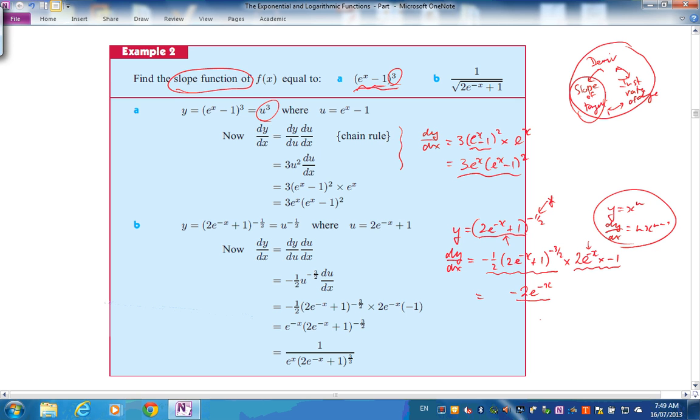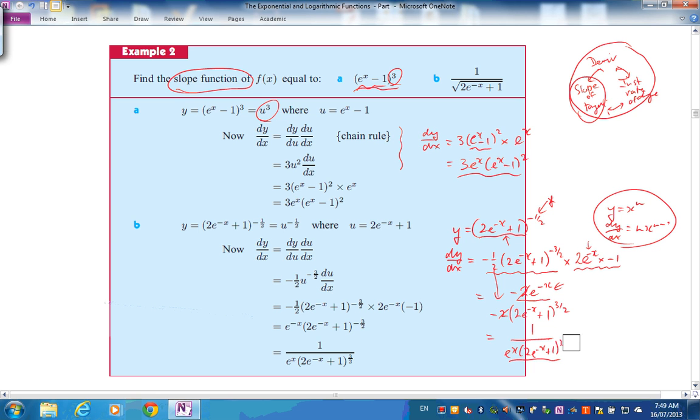probably. Well, we could go into it, I suppose, and put here 2e to the neg x plus 1 to the 3 over 2, and we've got this half down there as well, so that's neg 2, so we could then cancel that, and have 1 over e to the x, 2e to the neg x plus 1, 3 over 2, putting this e to the neg x down in the bottom.